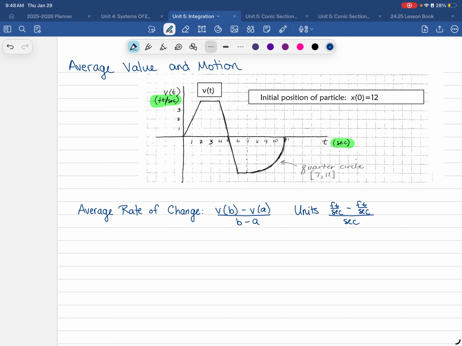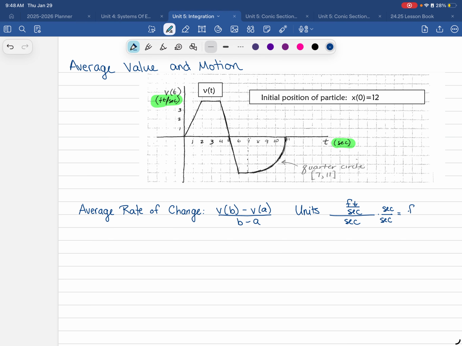So we would have an expression for velocity in feet per second all over an expression of time, which would just be in seconds. And if I simplify this fraction by multiplying by seconds over seconds, I would end up with feet per second squared.